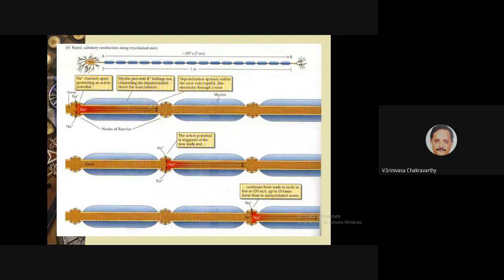A lot of axons, not all, but many axons, have this coating of myelin. The presence of this insulating sheath also increases conduction velocity. We'll see that later in the course. So conduction velocity is higher when there's a myelin sheath, and therefore the action potential propagates rapidly in this stretch where there is a myelin sheath.